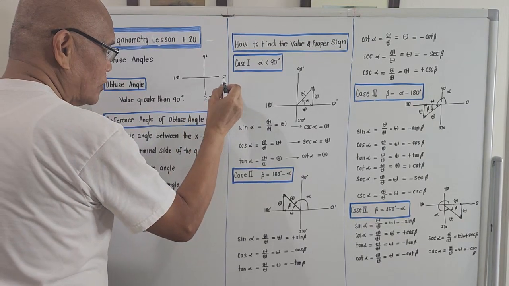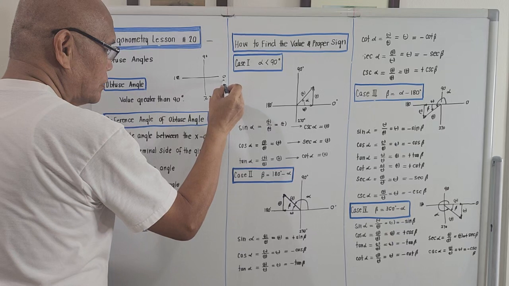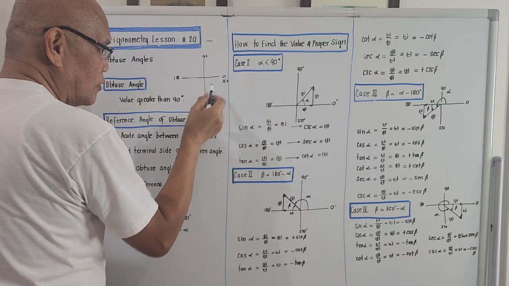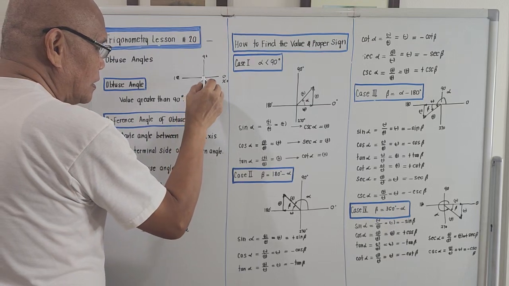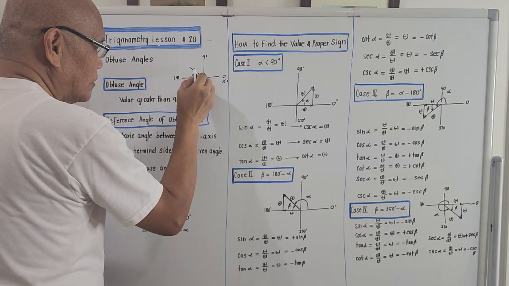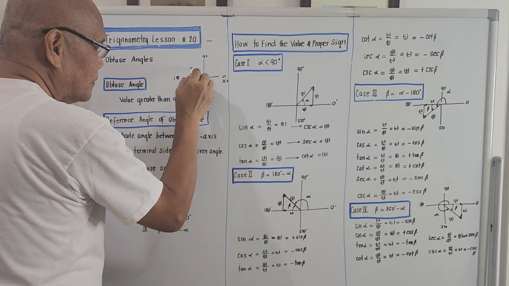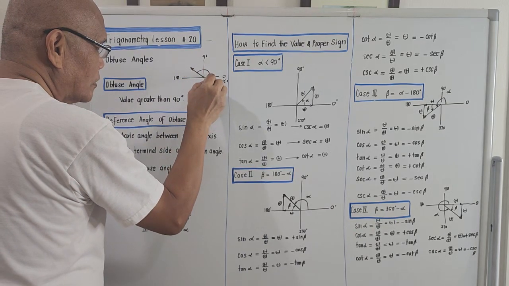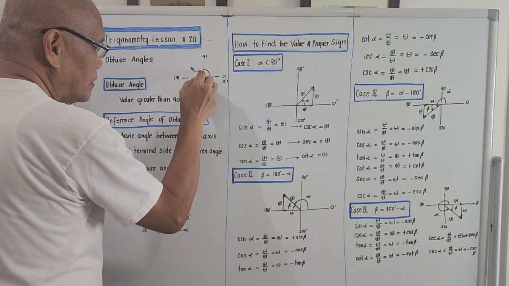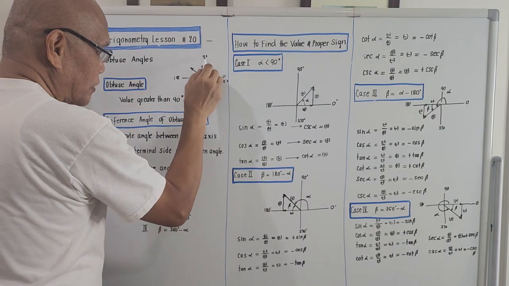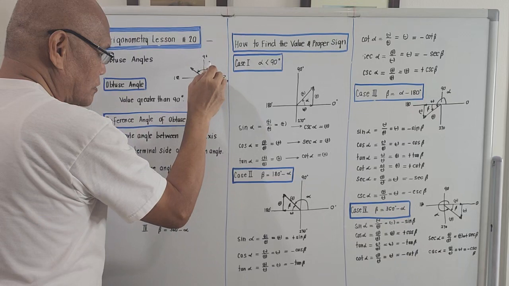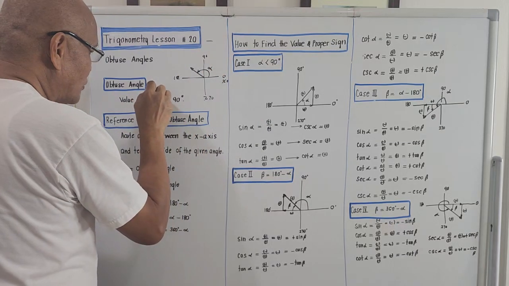We'll go back to 0, so 0 or 360. That's one complete revolution. If the angle falls under the second quadrant, this angle here, alpha, if this angle here is greater than 90 degrees, we call it an obtuse angle.